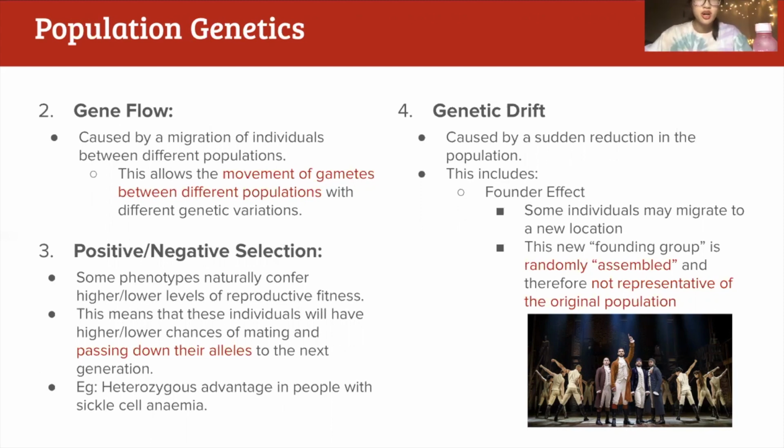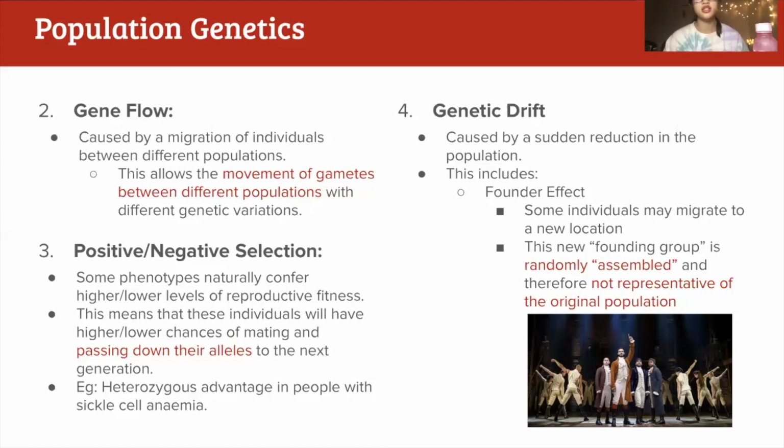All right, so higher or lower levels of reproductive fitness will lead to a higher or lower chance of individuals with those specific traits mating and passing down their alleles to the next generation. So for example, you have birds that have brightly colored feathers because they want to attract a mate, but some birds don't have that bright of a color of their tail feathers, and so they don't have as much game, right?